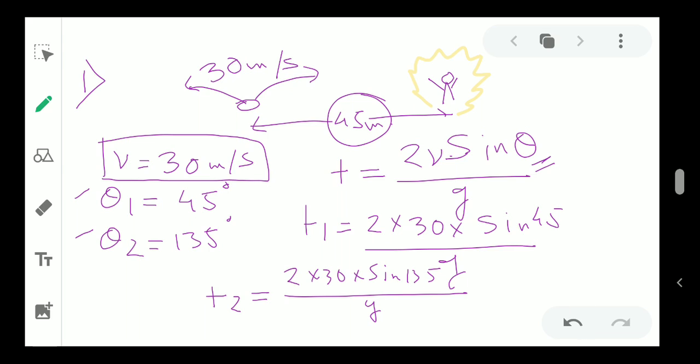Now I can take the value of g to be 10 or 9.8. It was given in the question to take 10, so we have to take this as 10.